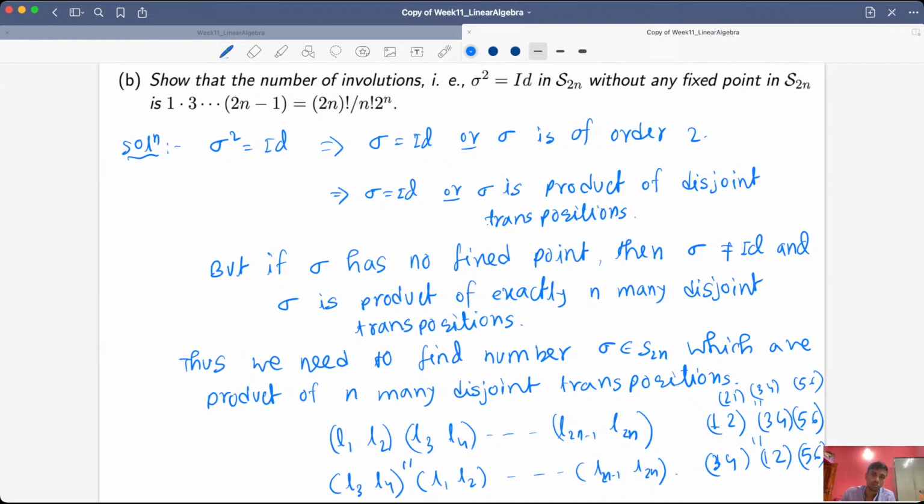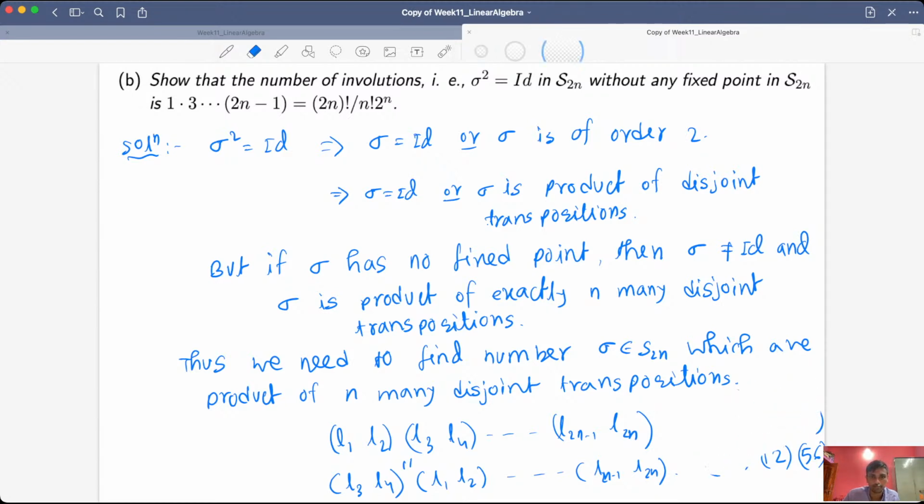So I have to quotient out by those from the total number of representations of 2n elements. That's how we get the total number as 2n factorial divided by this thing.